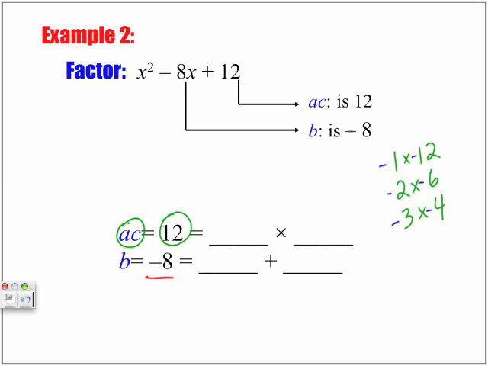So negative 1 times negative 12 still gives 12. Negative 2 times negative 6 still gives positive 12. Negative 3 times negative 4 still gives positive 12. So we're trying to figure out which one of these will give a sum of negative 8.